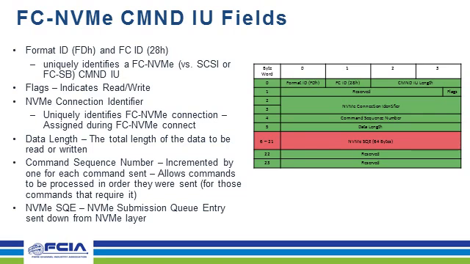Then there's also a command sequence number, which allows the NVMe commands to be reordered if they're unordered by the fabric. There are only a few NVMe commands that require in-order delivery. Most commands don't require that. And then, of course, there's the NVMe SQE, which is the actual NVMe command itself.